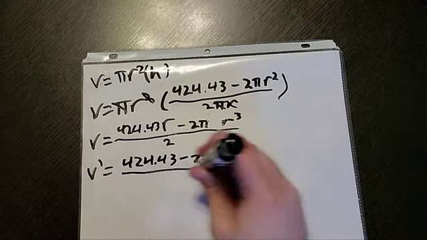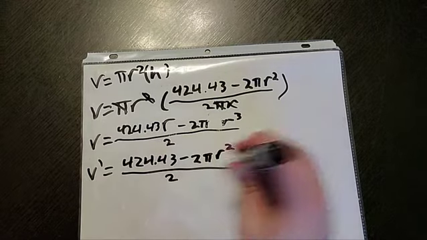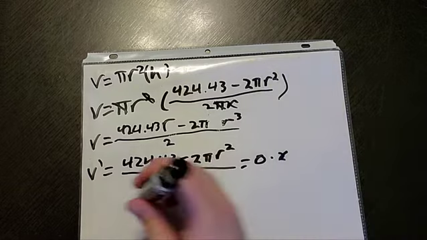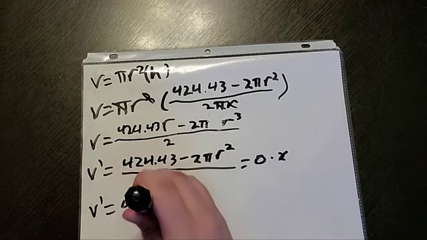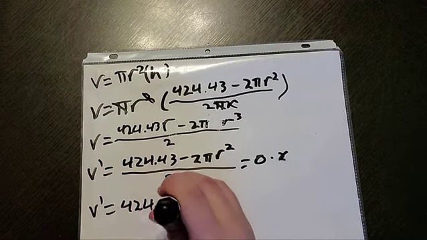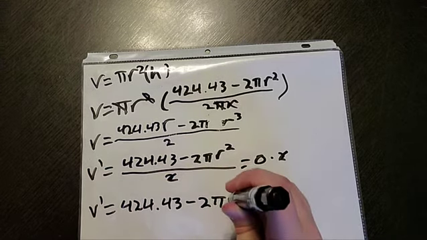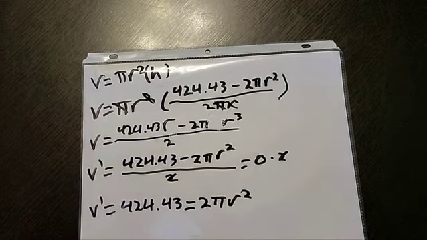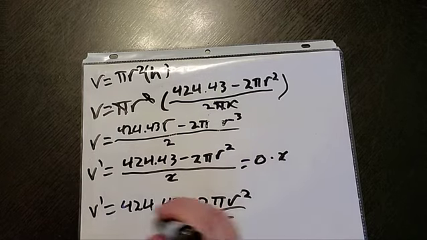Once you have your equation fully simplified, you can start doing the calculus, which I'm doing here. I take the derivative of this, then set it equal to 0. The 2 that everything is over can be multiplied by both sides to get rid of it, leaving us with 424.43 minus 2 pi r squared is equal to 0, but I just set them equal to each other here.